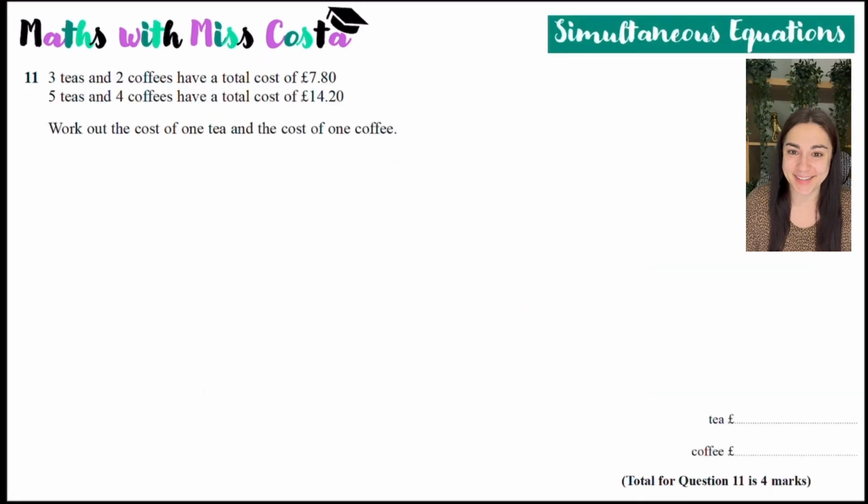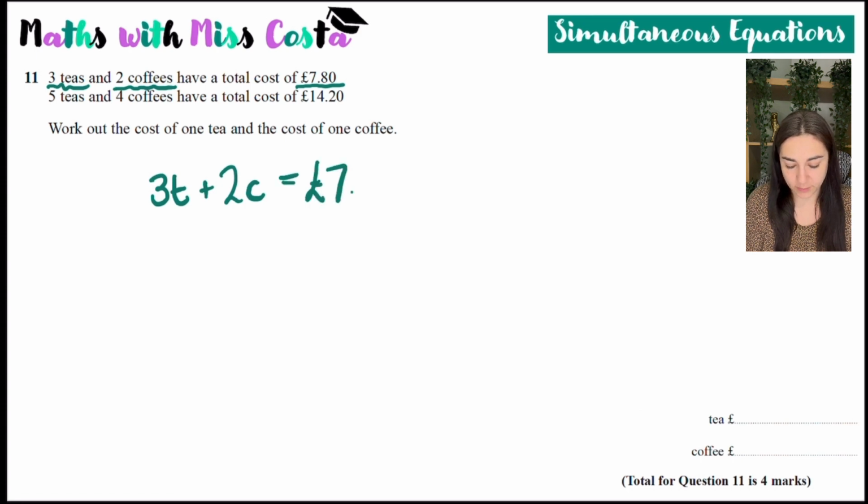So this is a nice simultaneous equations question because it's put into context so you can see how simultaneous equations work in real life. Now, they haven't written it to you in terms of algebra, so it's up to us to do that. So 3 teas and 2 coffees have a total cost of £7.80. So I can just use T as the algebra for a tea and C for a coffee, and that must equal £7.80.